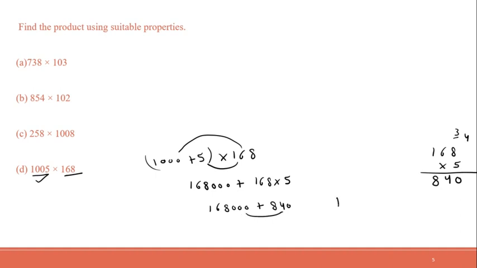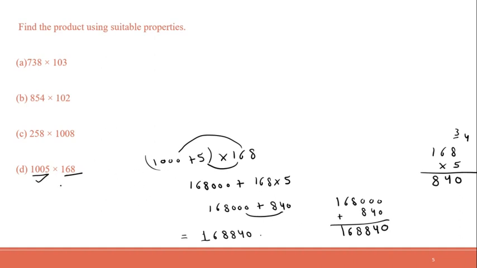Now if I want to add these two, what will I do? 168000 plus 840, right? So 0 plus 0, 0. 4 plus 0, 4. 8 plus 0 is 8. And this 8, this 6, and this 1. So the answer will be 168840. Got it?